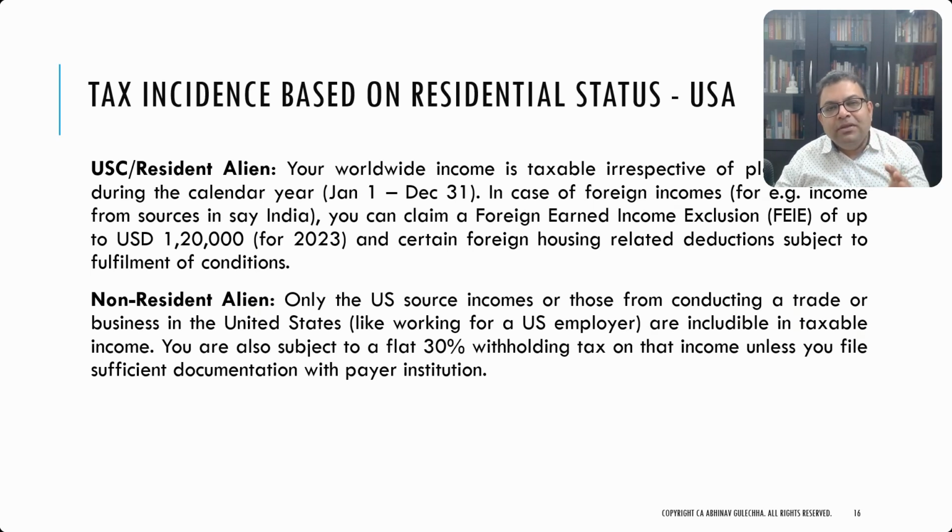Otherwise, by default, there is a flat 30% withholding tax that the US financial institutions will deduct, and you can file the tax return and claim the amount. Or a better option is to file the relevant exemption forms with those financial institutions, so they will deduct a lower tax. So this is basically an overview.